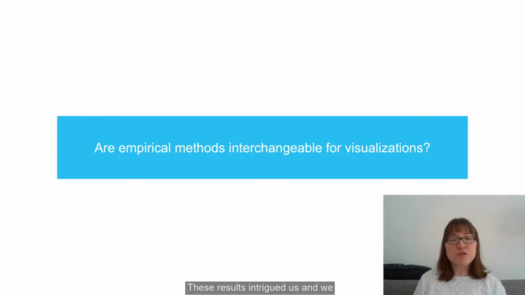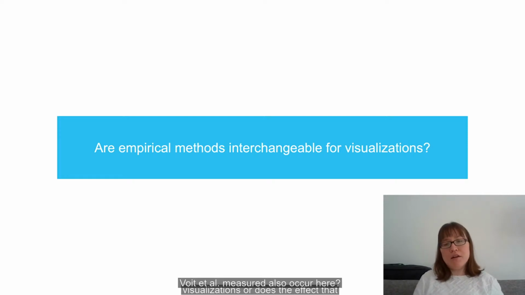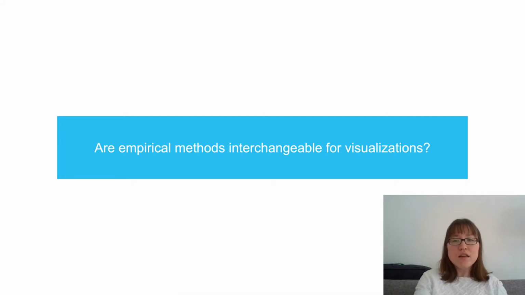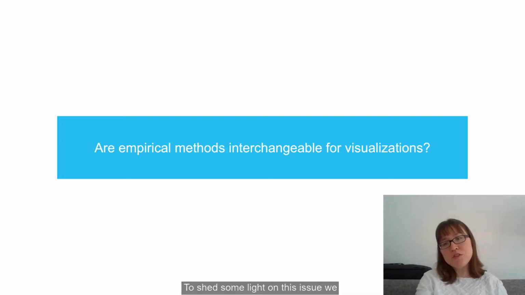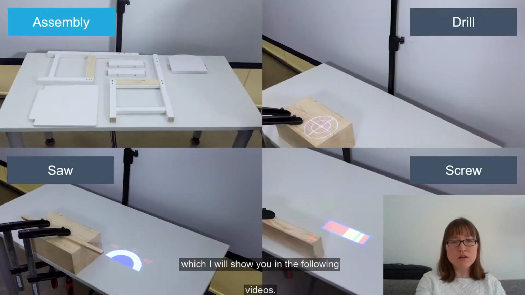These results intrigued us, and we asked ourselves, are empirical methods interchangeable for visualizations, or does the effect that Voigt et al. measured also occur here? To shed some light on this issue, we implemented 4 visualizations for do-it-yourself tasks, which I will show you in the following videos.